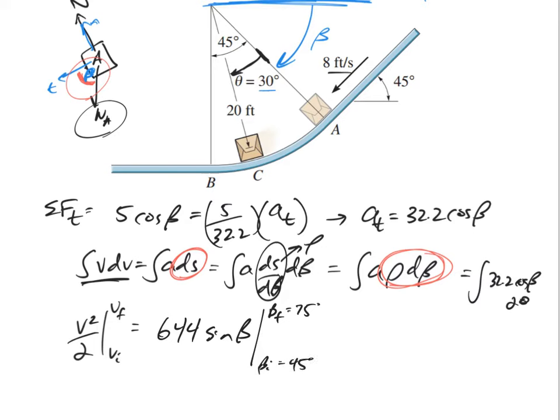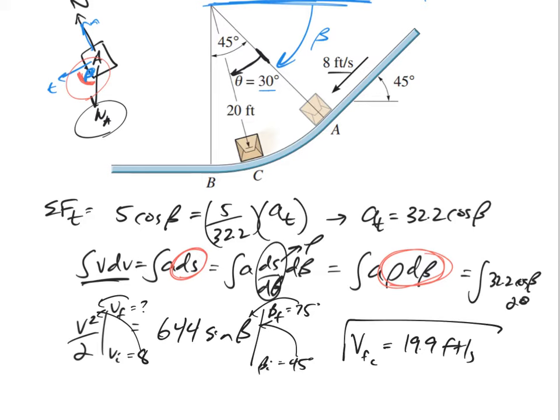And it started at 45 degrees with a velocity of 8 feet per second, and I'm looking for the final velocity right there. So plugging these in to solve for the velocity, the velocity final at point C would be 19.9 feet per second.